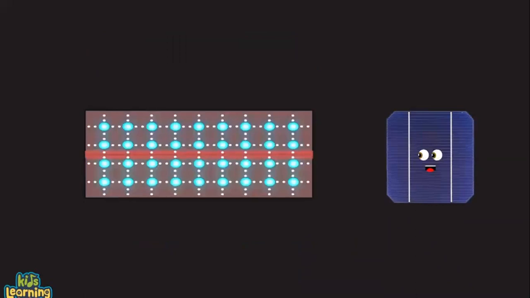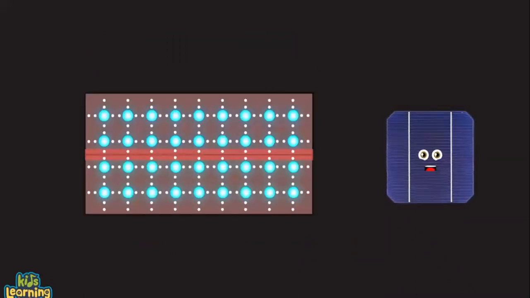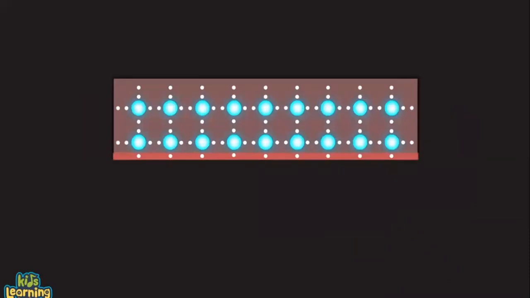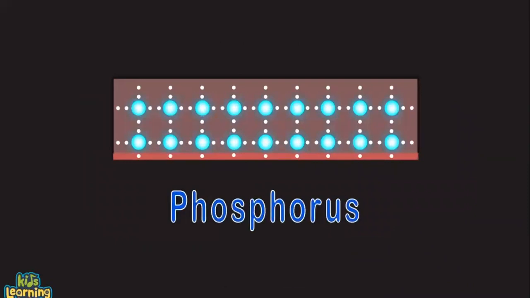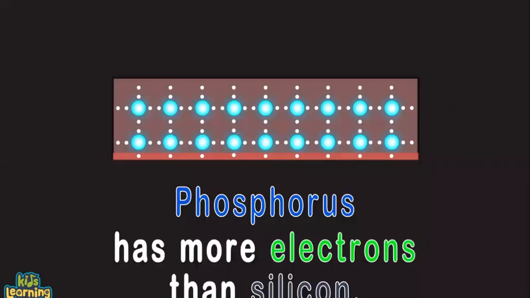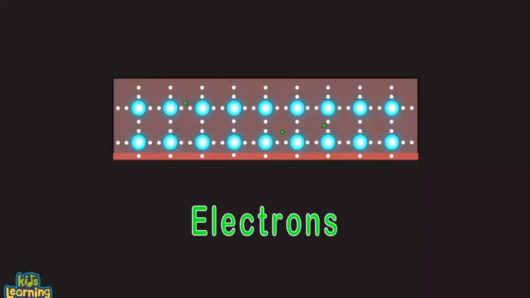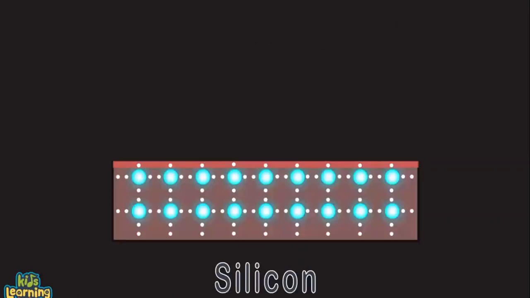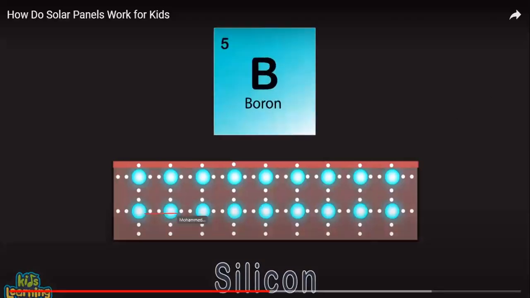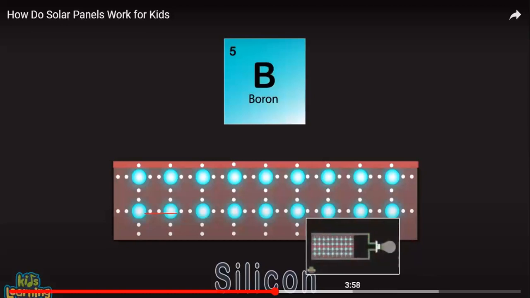The thin top layer contains silicon and a tiny amount of phosphorus, which has more electrons than silicon, making this area more conductive. This layer gives electrons more room to roam, making it negatively charged, so it's called the N-type. The bottom layer contains silicon and an element called boron, which has fewer electrons than the surrounding silicon.